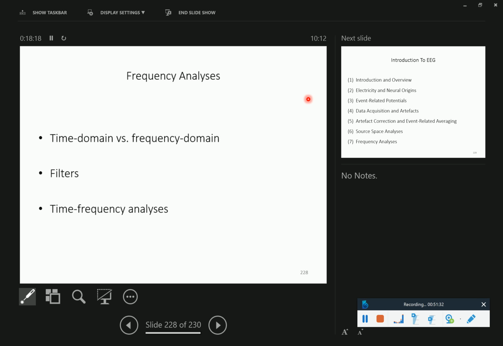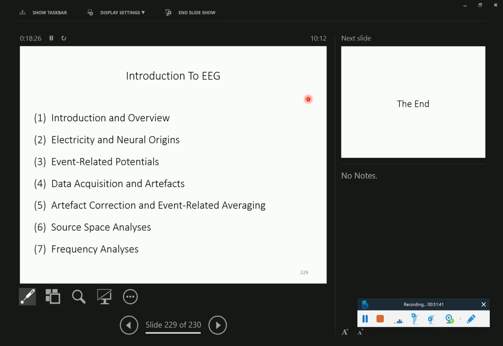Okay, so frequency analysis. We looked at time domain versus frequency, filters, time frequency analysis, and that's essentially it for the EEG course. This is everything that we talked about, and everything that the oral exam will touch upon. And we have a date for the oral exam, which is also good.